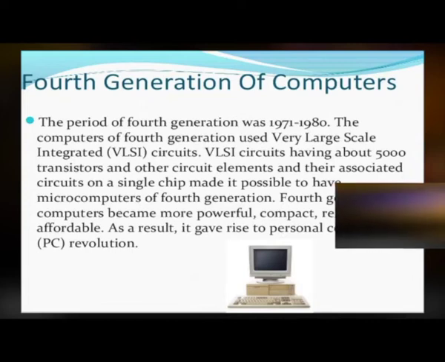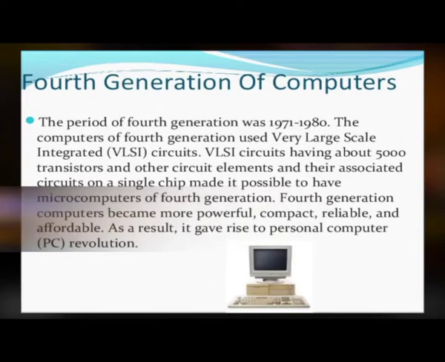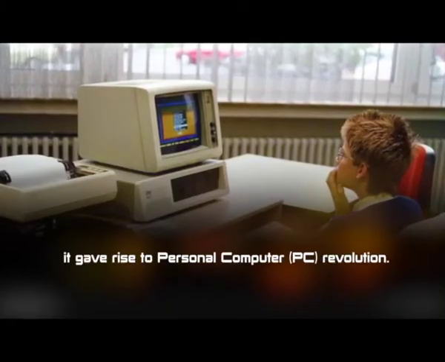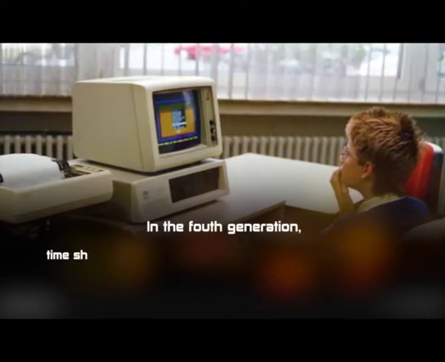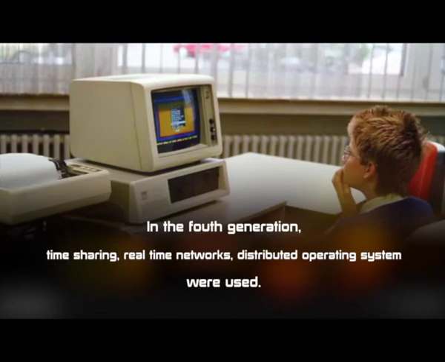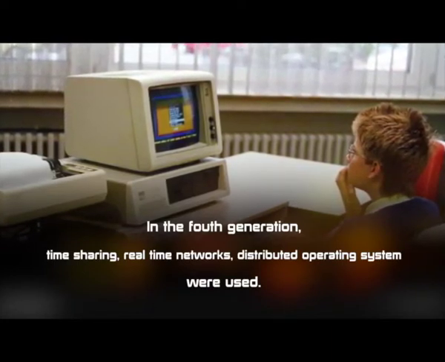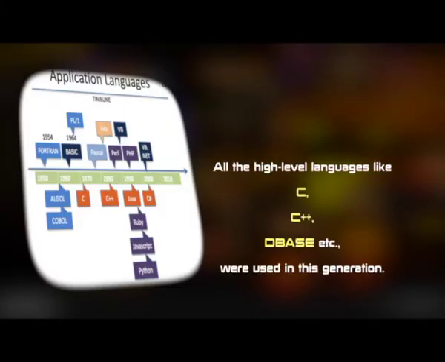Fourth generation computers became more powerful, compact, reliable and affordable. As a result, it gave rise to the personal computer revolution. In the fourth generation, time sharing, real time networks, and distributed operating systems were used. All the high level languages like C, C++, DBase etc. were used in this generation.